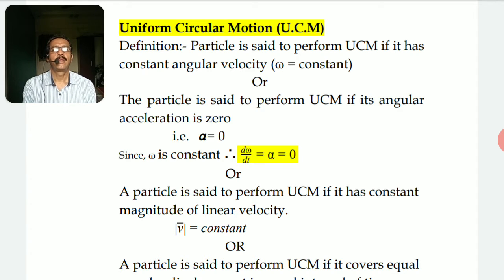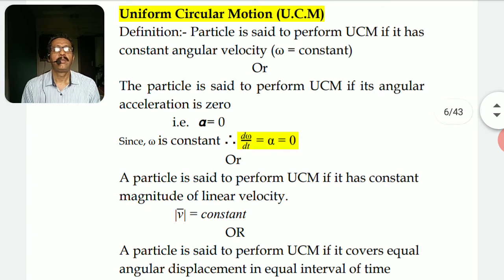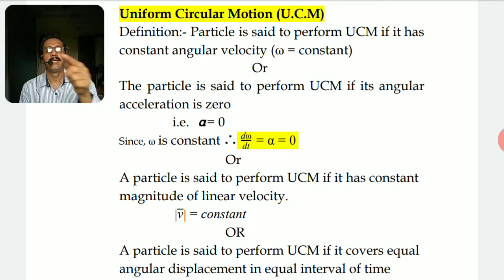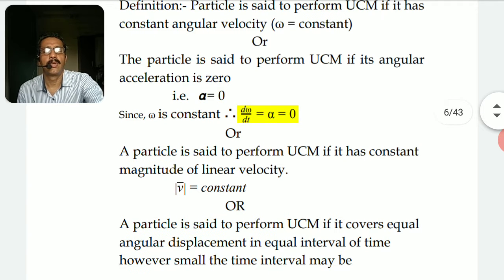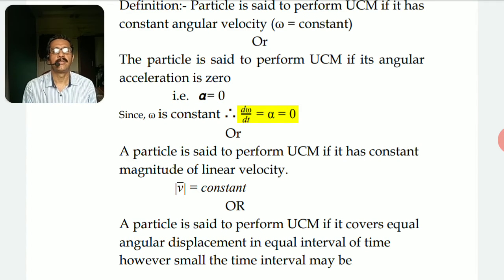In uniform circular motion, the particle will be said to perform UCM if it is having a constant angular velocity, or you can say the particle is moving with a constant speed. Angular velocity is the same, or the rotational speed will remain the same. So it will have the same magnitude of linear velocity as the third definition says.